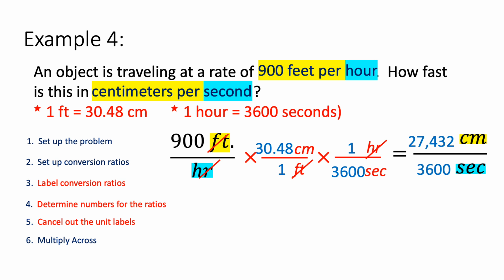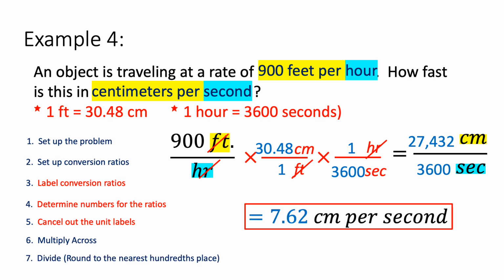So now we have 27,432 divided by 3,600, and we get 7.62 centimeters per second. So we set up our unit ratios, unit conversion factors, based on how many names are changing. Then we cancel out our unit labels, multiply across, and simplify.